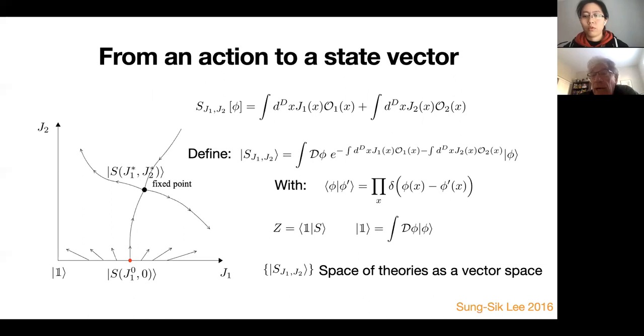Phi was a function defined for S0. The S0 is the reference action we initially start with, and it's usually there, but it's sitting in the definition of phi in this sense.